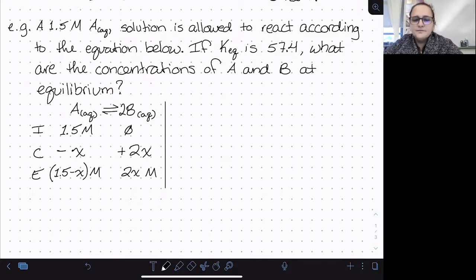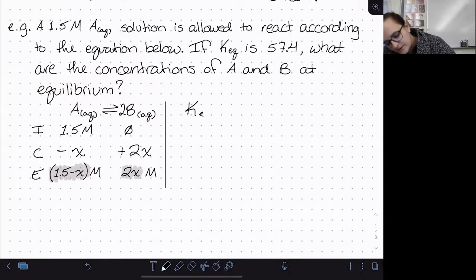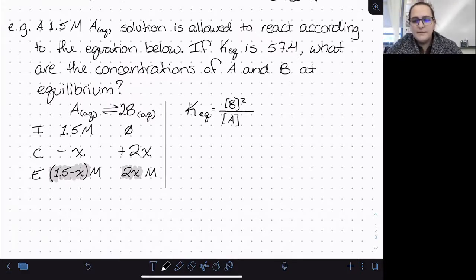So now we need to take these expressions in terms of X and plug them into our equilibrium expression. So if we write our equilibrium expression for this process, we get B on the top, and B is going to be squared. And then our concentration of A will be on the bottom.